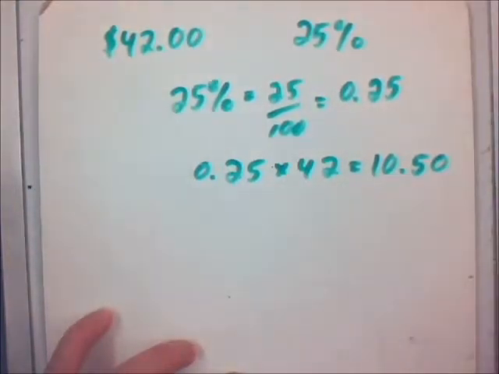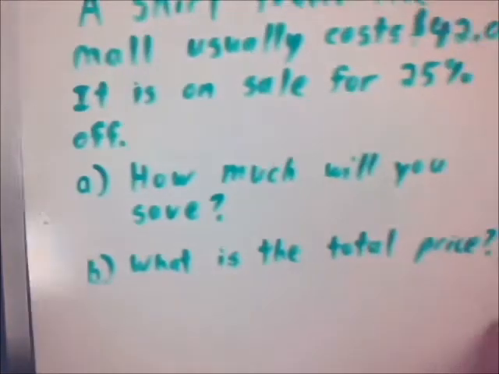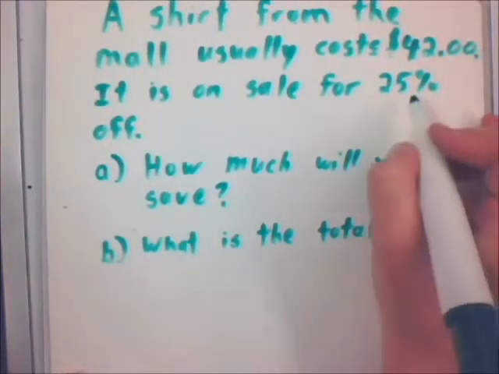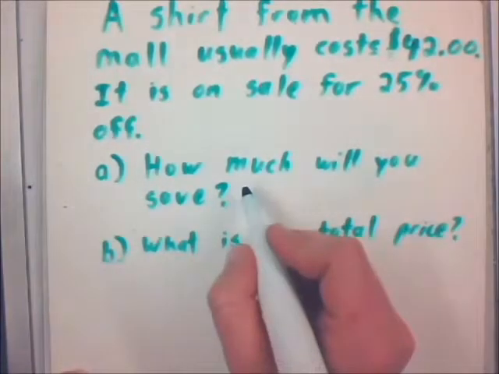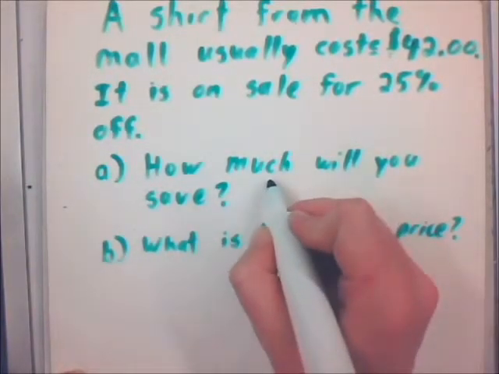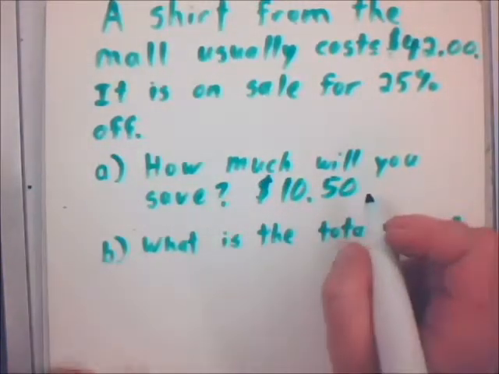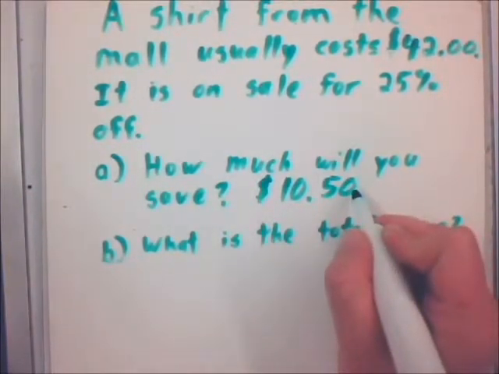So, looking back at the question, if the shirt costs $42 and it's on sale for 25% off, how much will I save? I will save $10.50. But that doesn't mean when I go up to the cash register I'm going to pay $10.50. It means that's the amount I'll save.